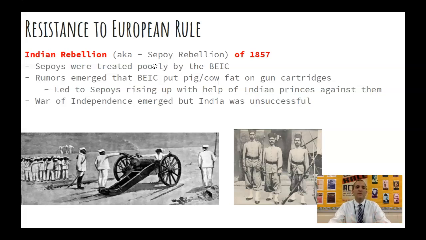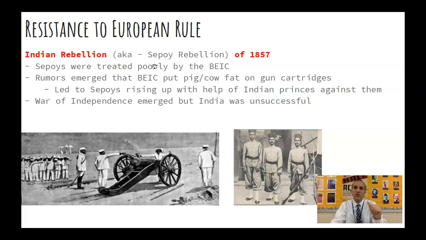What is the final straw besides being treated poorly and made fun of? A rumor breaks out in 1857 that on the cartridges that need to be put into the gun, the lubricant or oil is grease from pig and cow fat. Muslims don't eat or engage in anything dealing with pork or pig, and to the Hindus, cow is very sacred.